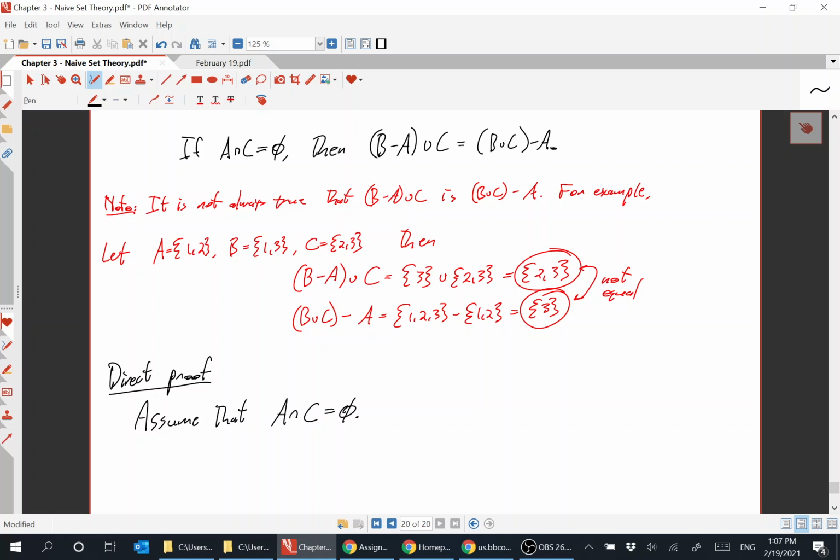You assume the hypothesis is true. So assuming that A intersection C is empty, now we want to show that B minus A union C equals B union C minus A.